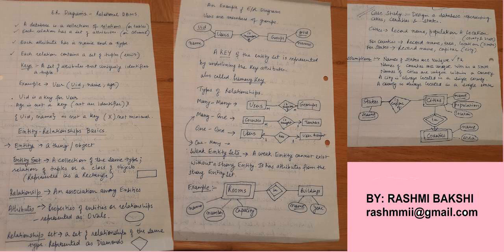Now moving forward, let's look at another ER diagram or a case study. Now in this one, we are designing a database for states, counties and cities. Now counties and cities cannot exist independently without the state. So state is a strong entity, whereas counties and cities are the weaker entities. So state has one primary key called name, so each state has a unique name.